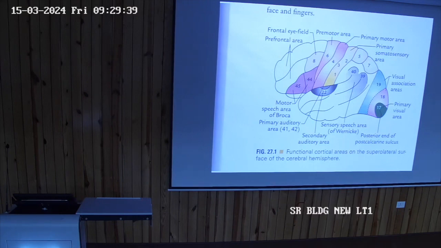That means on the basis of past experience, 5 and 7 analyze and integrate, and that integration is passed to the area number 3, 1, 2. That is the function of 5 and 7.